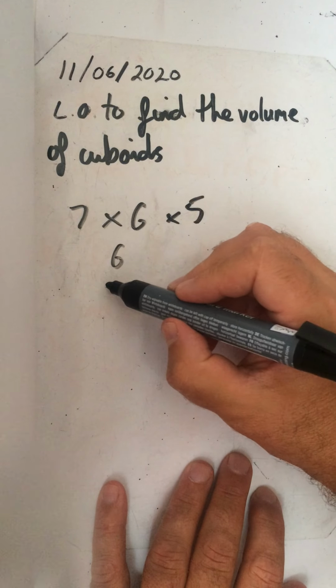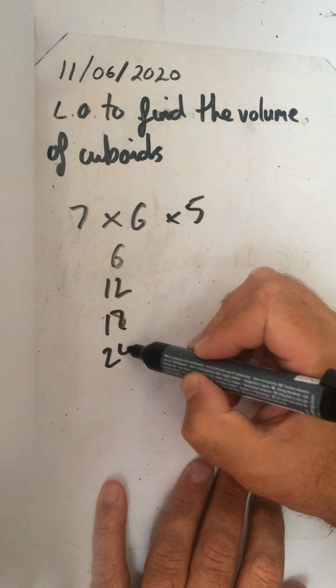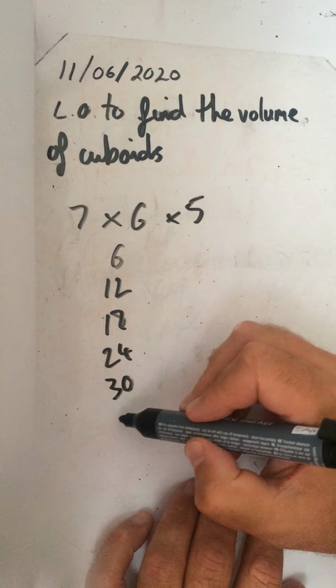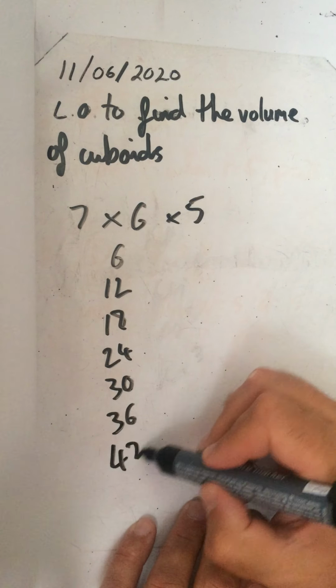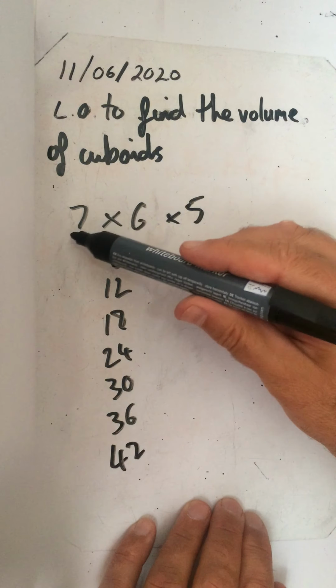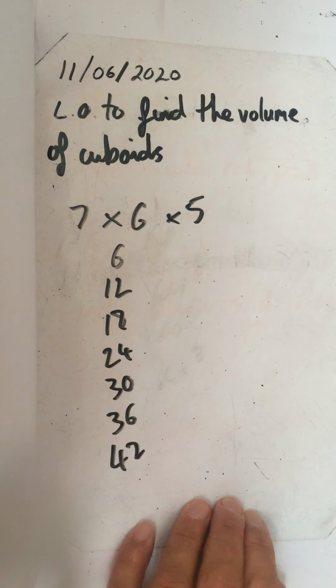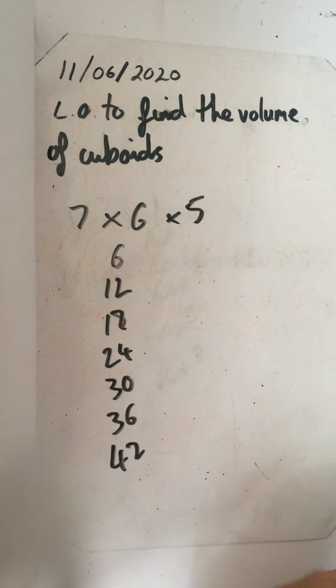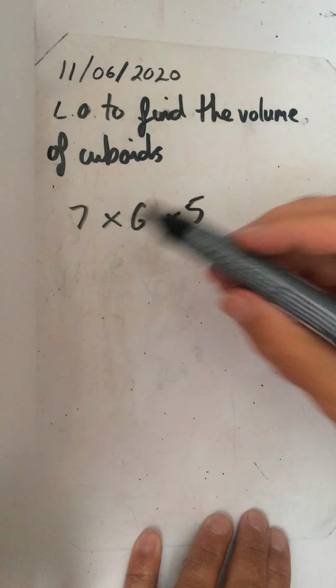So we can do 6, 12, 18, 24, and that's the only way to do it if you don't know your tables. You're just going to have to write them out, for those of you who aren't 100% sure of your tables. So we know this is 42.